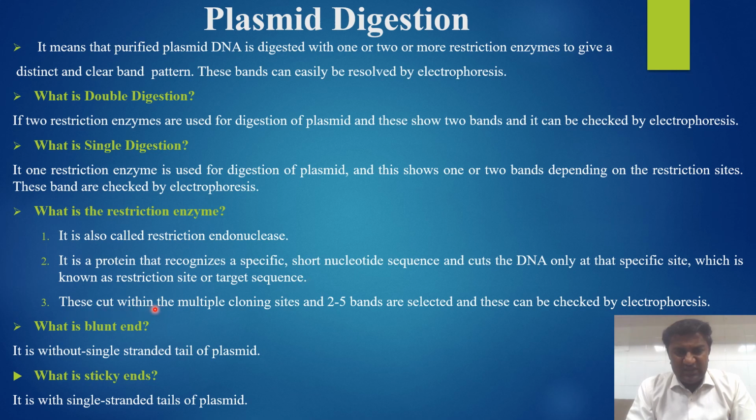These cut within the multiple cloning sites and 2 to 5 bands are selected, and these can be checked by electrophoresis. What is blunt end? It is without single stranded tail of plasmid. What is sticky end? It is with single stranded tail of plasmid.